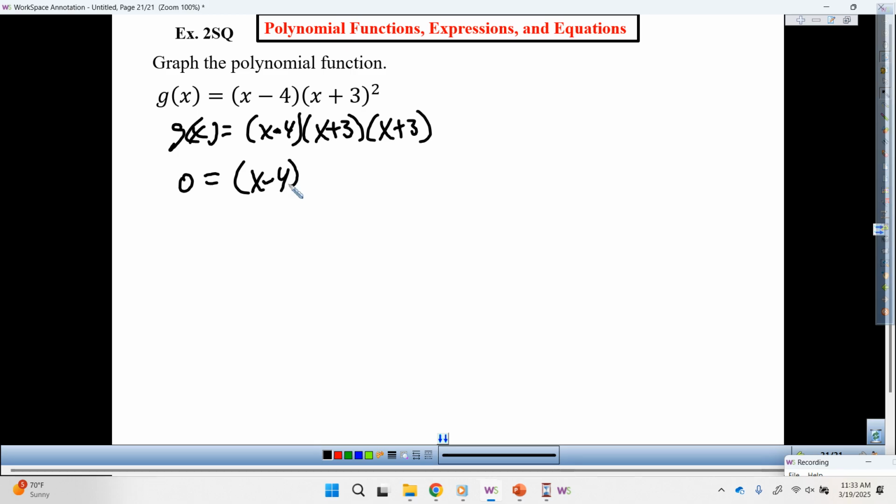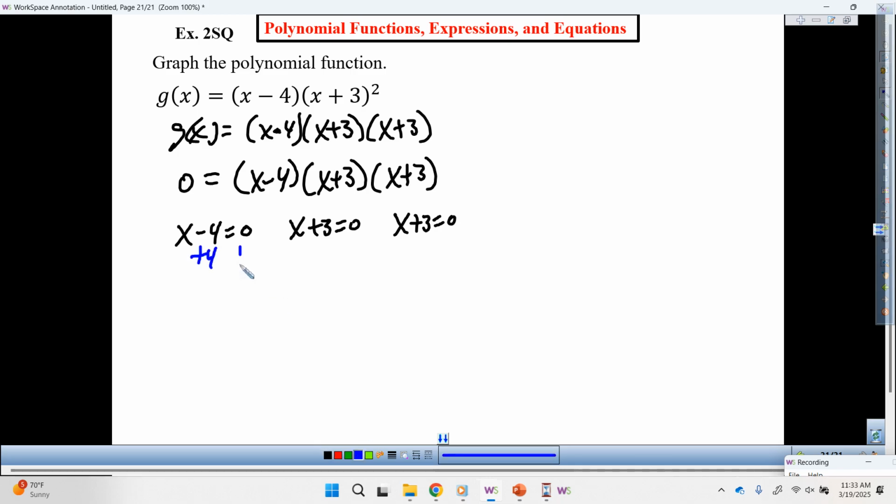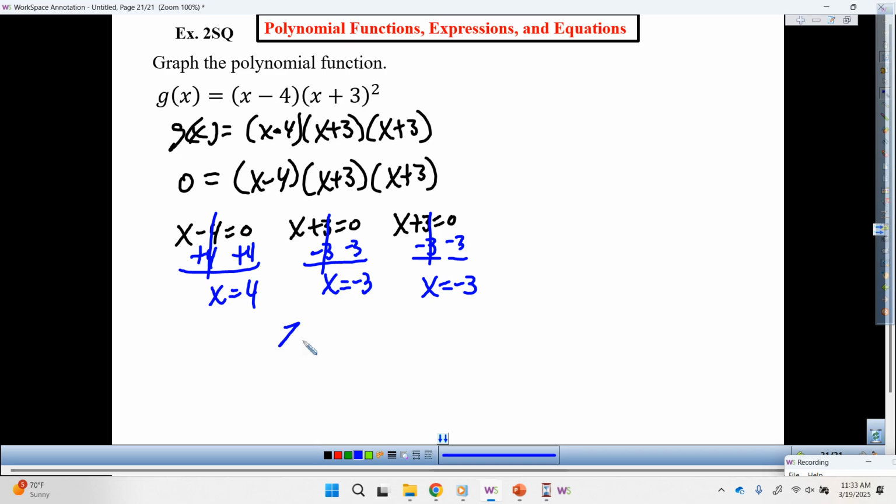Set each equal to 0: x minus 4 equals 0, x plus 3 equals 0, x plus 3 equals 0. Solve. Plus 4 plus 4, x equals 4. Minus 3 minus 3, x equals negative 3. Minus 3 minus 3, x equals negative 3. These are my zeros.